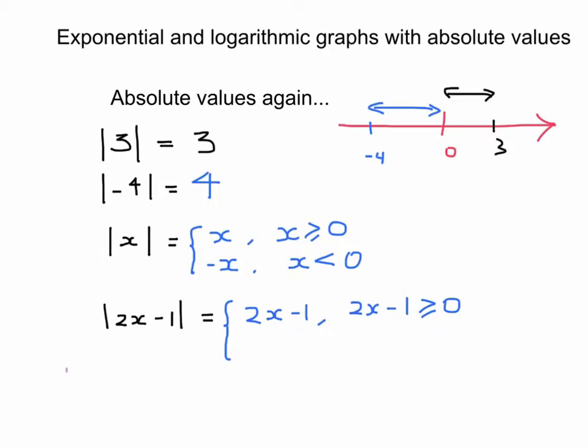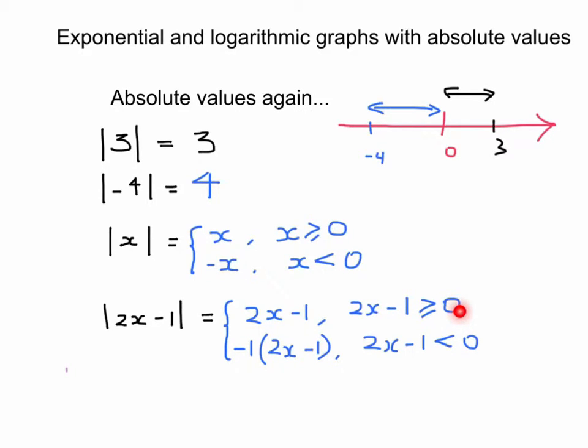And the second scenario is if that was negative in the first place, then you have to multiply all of this by a -1. So we can say -1 times 2x minus 1 in the scenario that 2x take away 1 was negative.